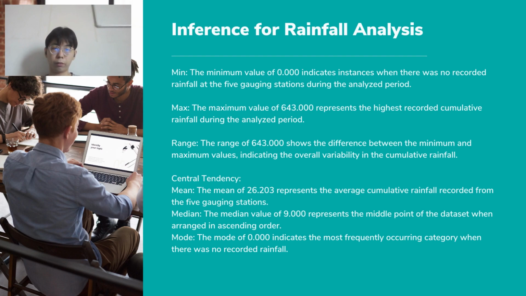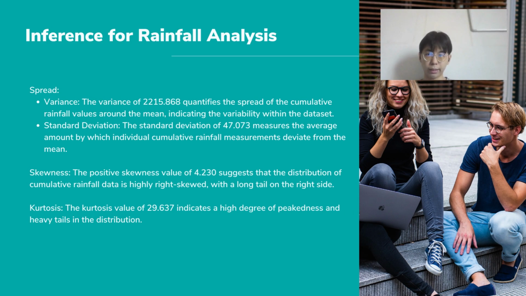The median value of 9 represents the midpoint of the dataset when arranged in ascending order. The last is the mode of 0, which indicates the most frequently occurring value, when there was no recorded rainfall. The next is spread, which has two components, the variance and standard deviation.